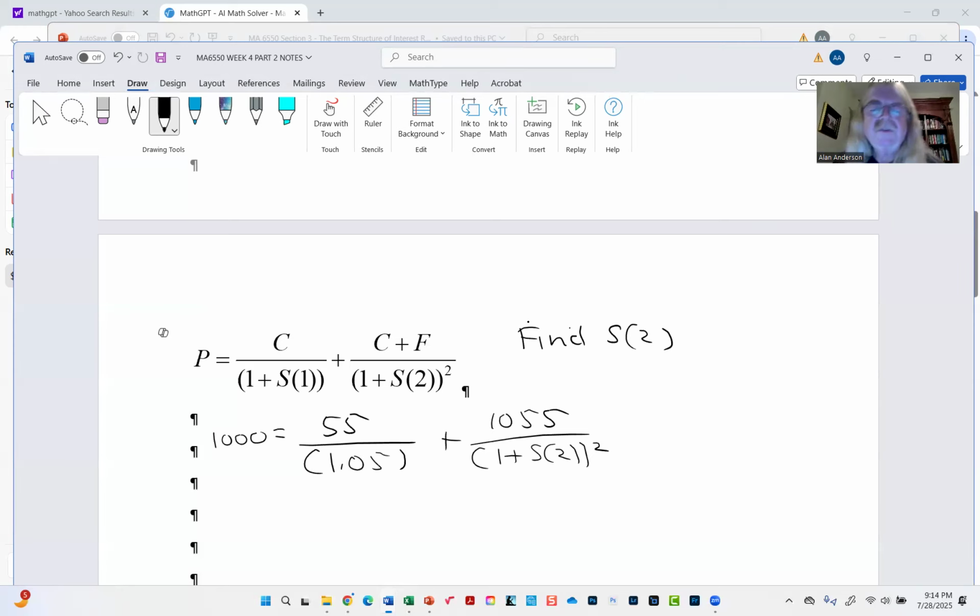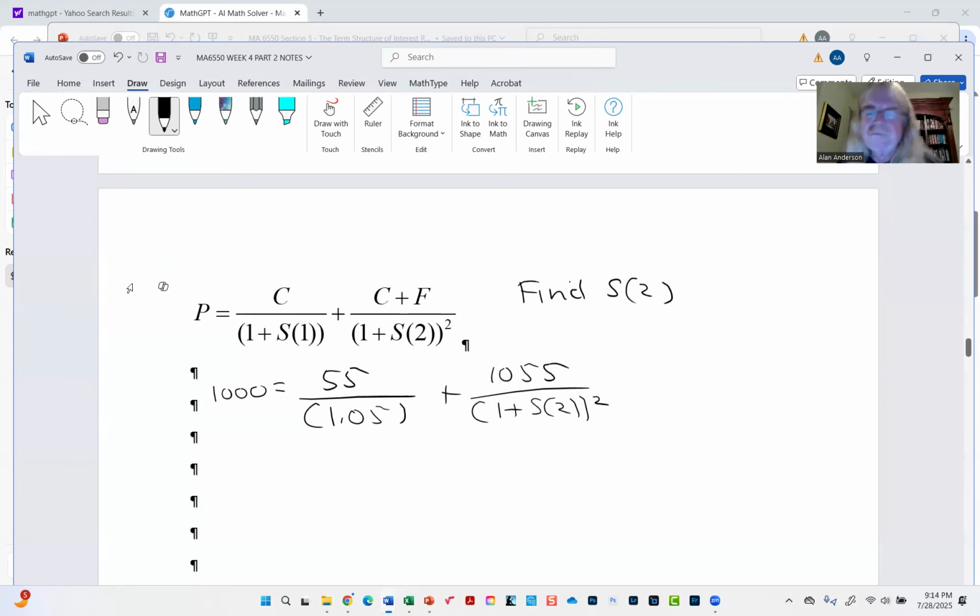All right. So again, we just need to do a little algebra. 55 over 1.05 is approximately 52.38.